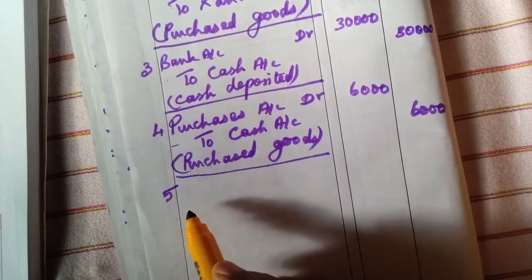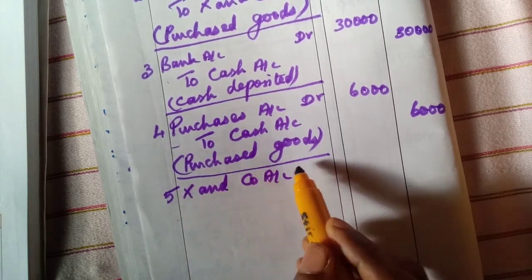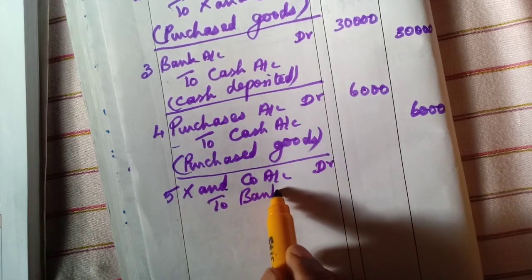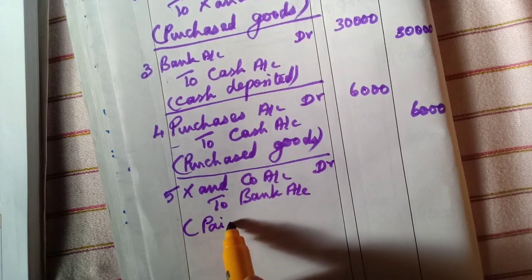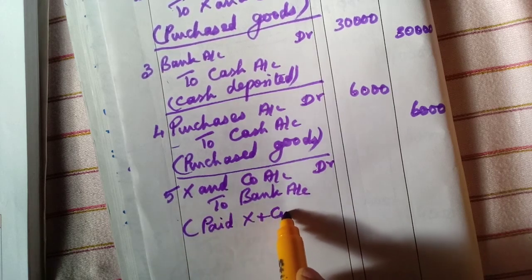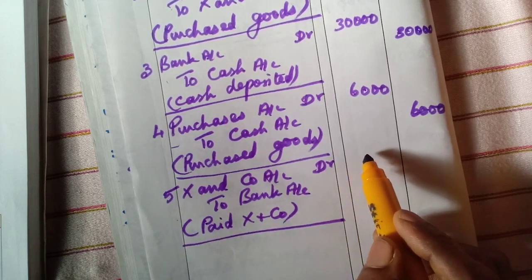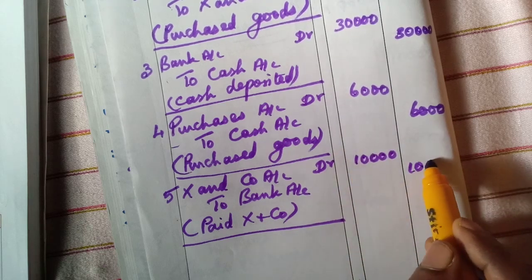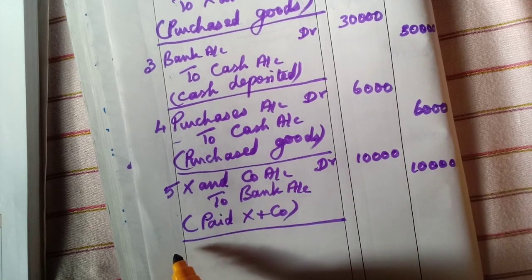Okay, X & Co account debit to bank account. Narration: paid X & Co. Amount 10,000. In the problem they have not given the amount, but you should not think there is no amount, because we have already purchased from X & Co.